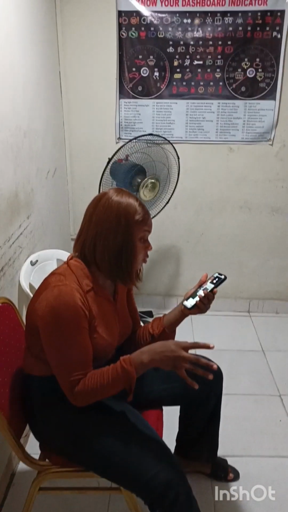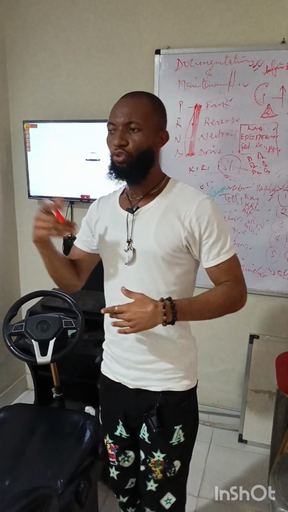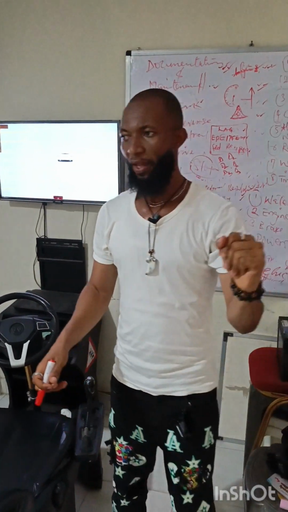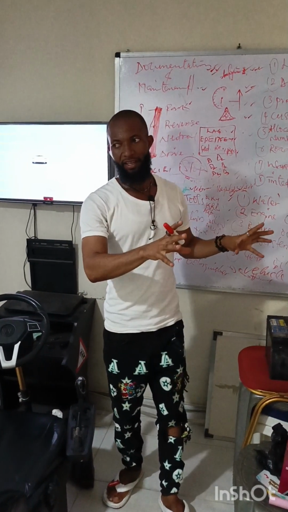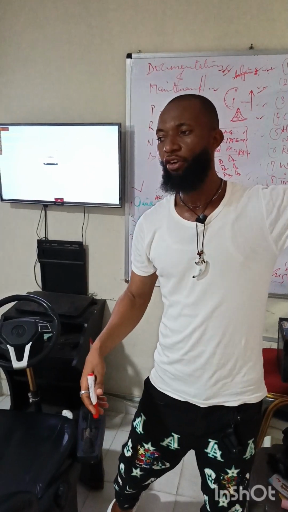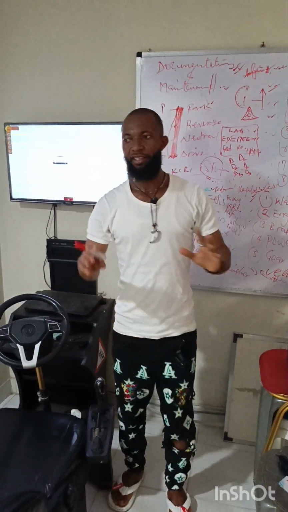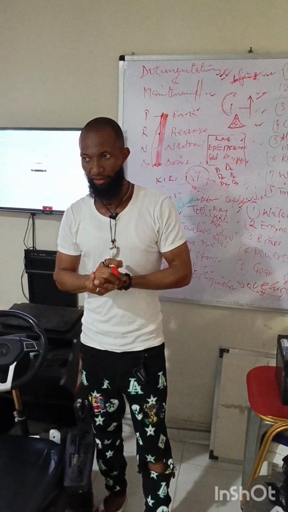Okay, there's traffic light, then warning signs, then information sign, prohibitory signs, and mandatory sign. You said 4 signs, but you started with traffic light. I said that we have 4 signs. Now the traffic light comes different. Okay, I'm just explaining the traffic light, how we operate on it.